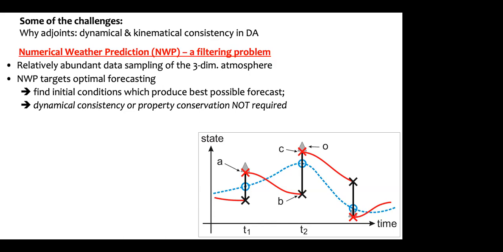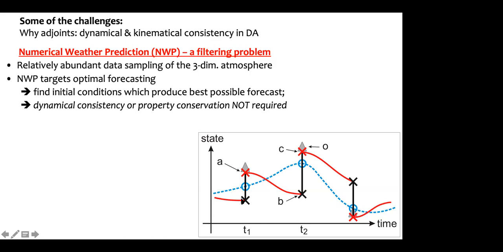What's important to note here is that in order to find those initial conditions, we don't necessarily have to conserve properties as we go from one forecast step to the next. An example of this filtering, and in fact of the Kalman filter, is shown here in red. You have a forecast, and at this time it's this red curve. You arrive at this black cross, and at that time new observations come in, here the blue circle.